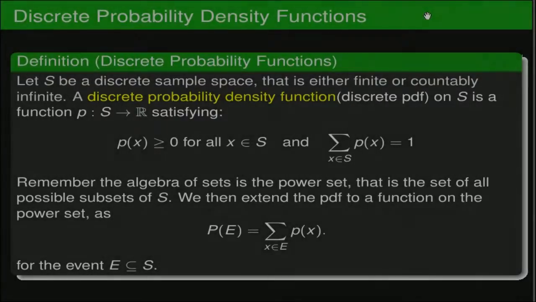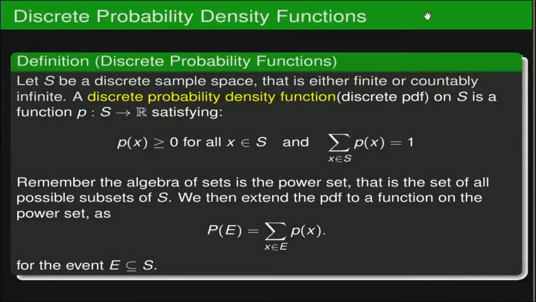So let's begin with a definition of a discrete probability density function. A discrete PDF is defined on a discrete sample space, and by a discrete sample space we mean it is either finite or countably infinite. A discrete PDF is a function P on S into the real numbers that satisfies two properties.